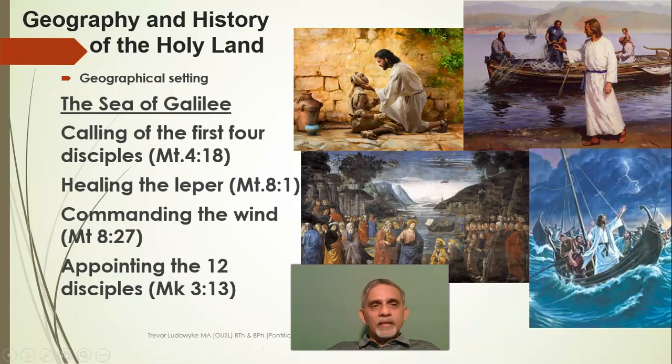So the Sea of Galilee is the place where, as I told you, Jesus started his early ministry. Around the Sea of Galilee was the calling of the first four disciples. Healing of the leper, as given in Matthew chapter 8, verse 1. Commanding the wind in the storm, where the disciples were in the boat and there was a big storm and Jesus calmed the storm.